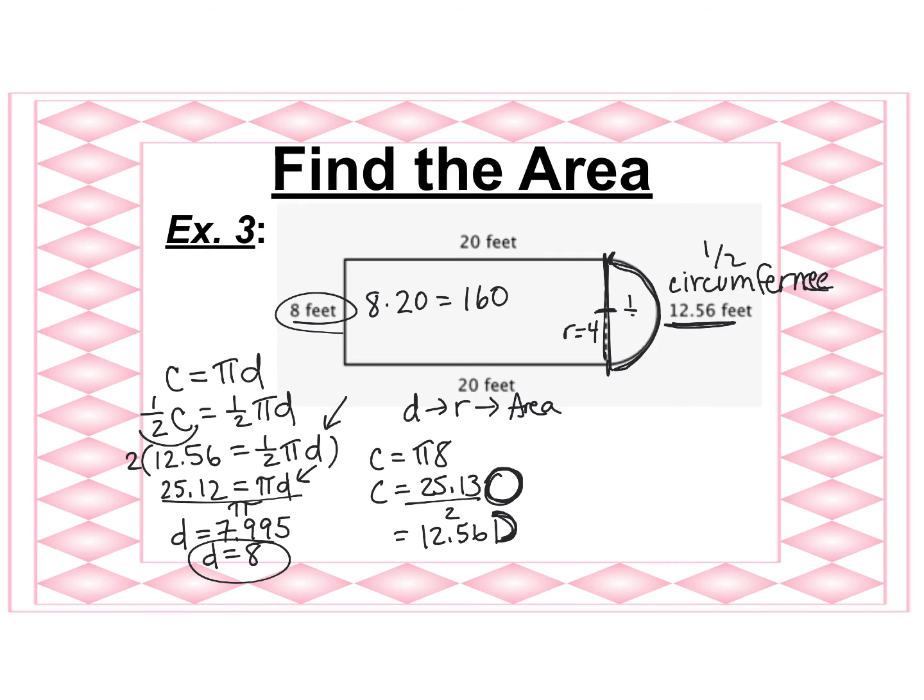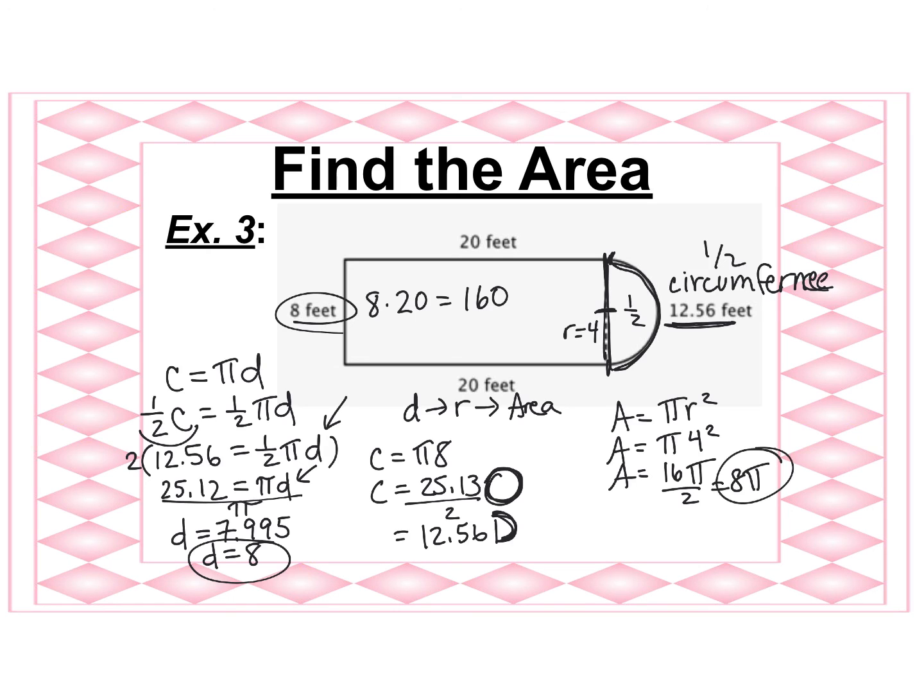And again, I only have half a circle. So our area formula for a circle is area equals pi r squared. I'm going to do that and then divide by 2. So area equals pi times 4 squared. So area is 16 pi. That is exact. I'm going to divide it in 2 and it would become 8 pi.